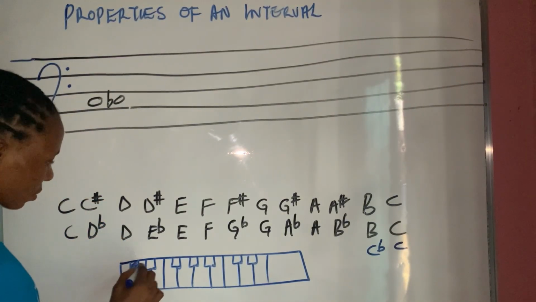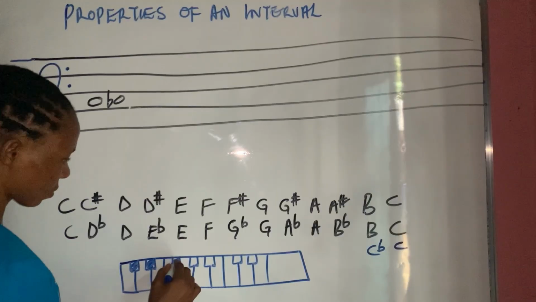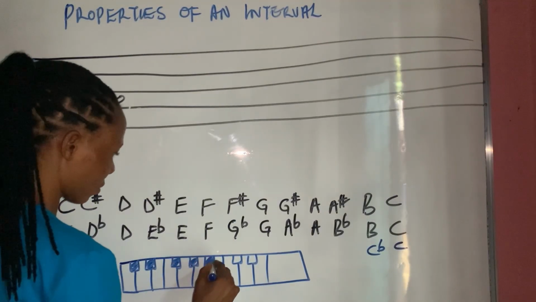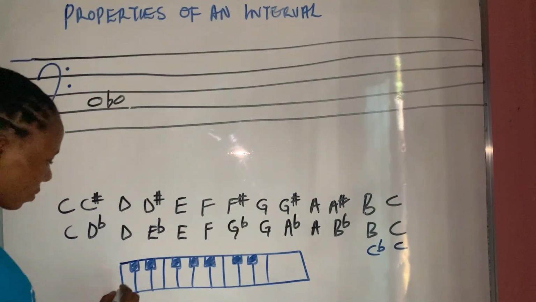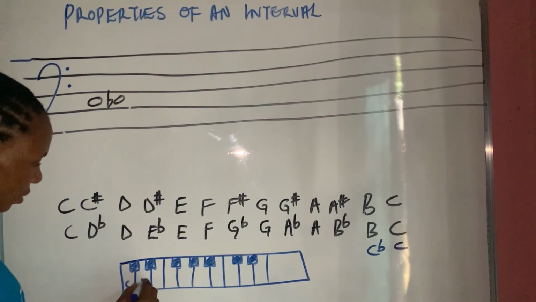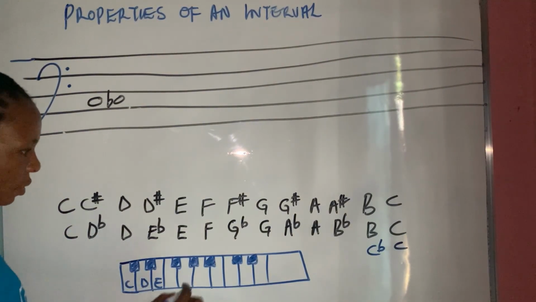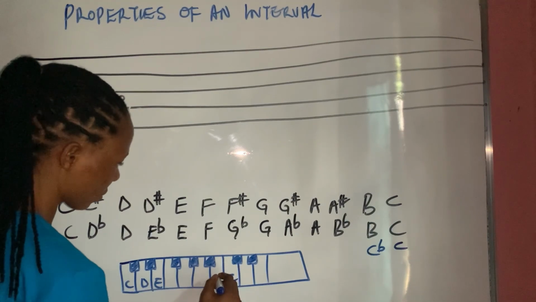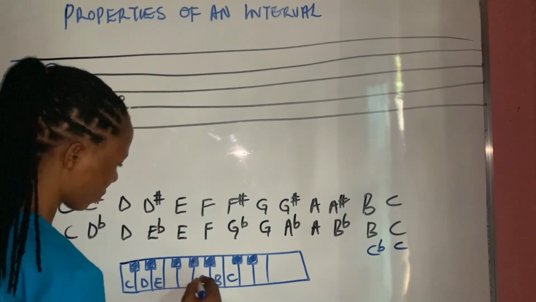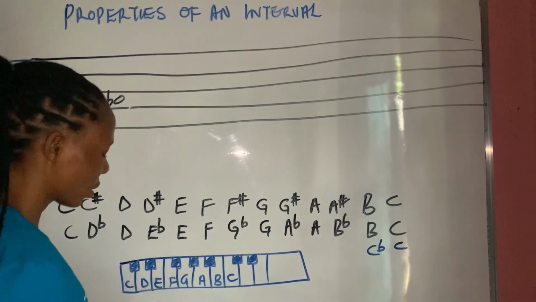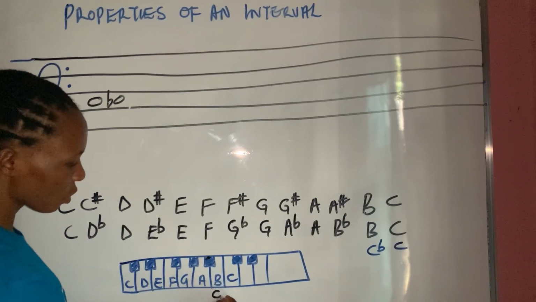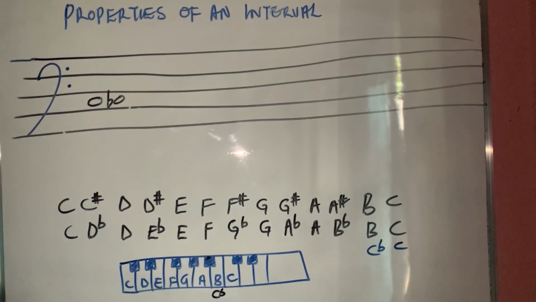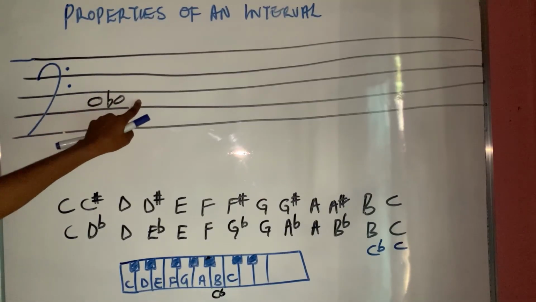This is C. A semitone from C is here, and you can't call it B because this is what you're given as an interval.